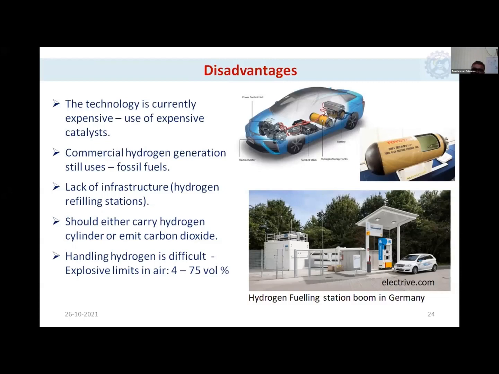Now, we also should admit that fuel cell based technologies either need hydrogen or, to a certain extent, we can use hydrocarbons like methanol or ethanol. In both cases, if you are using hydrogen, you have to carry a high pressure hydrogen cylinder in your vehicle.